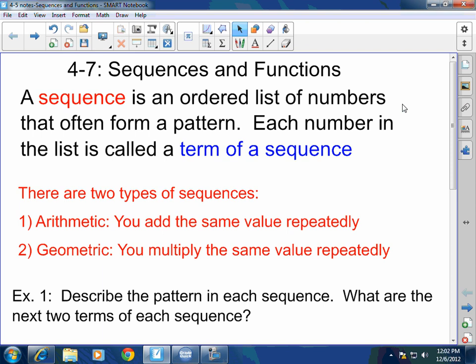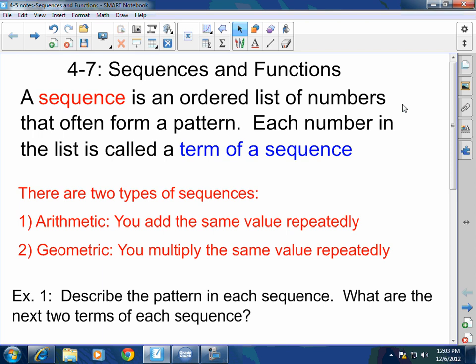Let's say you're playing a video game, and every time you get a gold coin, or you beat up a criminal, or you capture whatever you're looking for, you get a certain number of points for it, don't you? So for example, let's say every time you get the gold star, it's 100 points. Aren't you adding 100 points to your total every single time? It's increasing by 100, then 100, then 100, then 100.